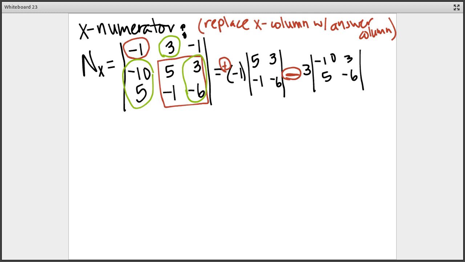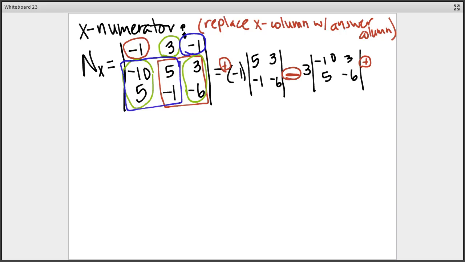Oh man, I'm going to run out of room. Darn, darn, darn. And then the last step is a positive, but then we're going to be taking this very last number, this negative 1, and I'm going to use these numbers for my little determinant.